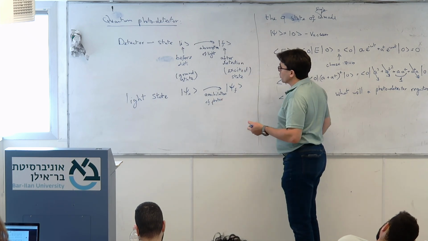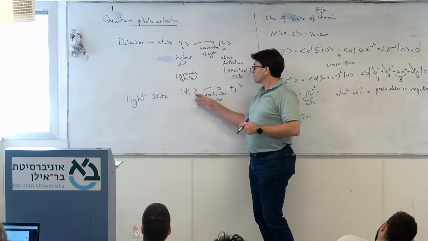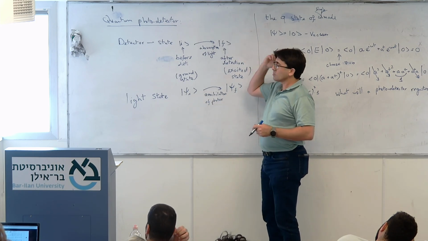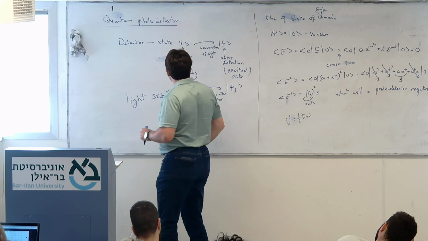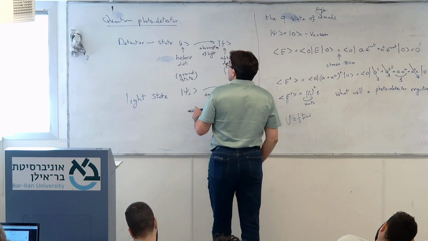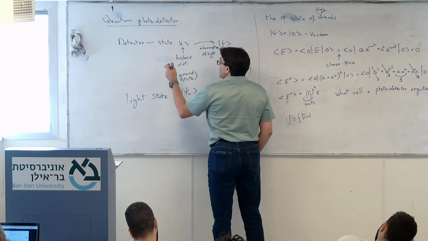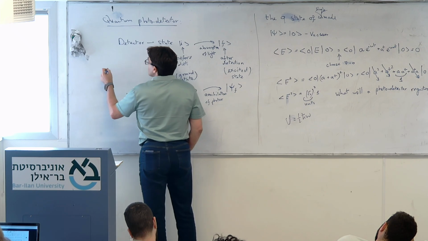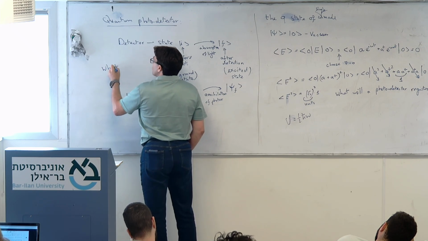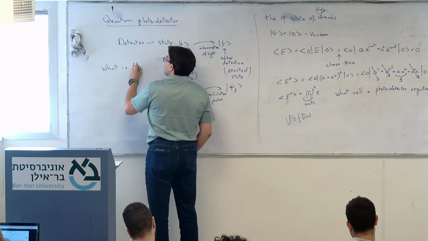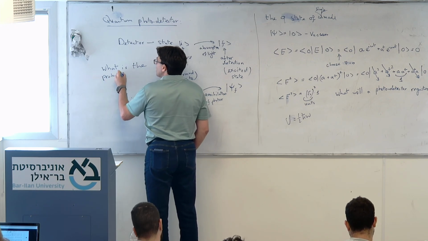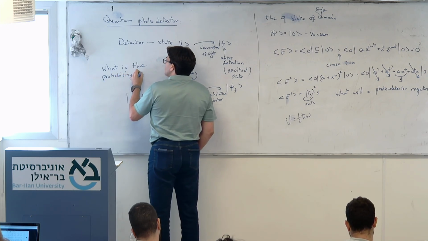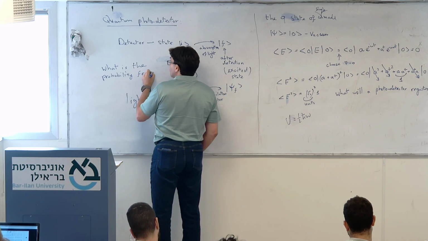Energy was transferred from the light to the matter. Now we can ask ourselves the question: what is the probability for the transfer?